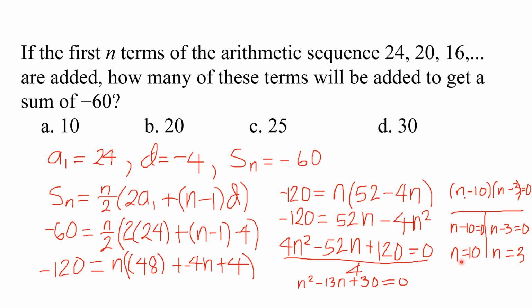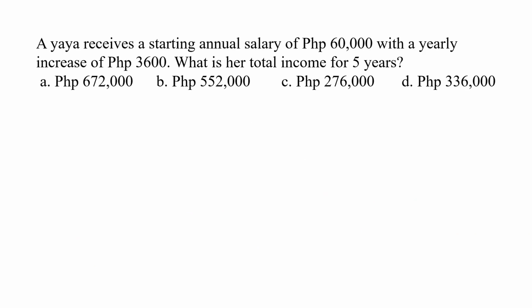Solving, n is equal to 10 or n is equal to negative 3. If we replace n by negative 3, we don't get negative 60. However, if we substitute n by 10, and let's check this one, the correct answer is n equals 10, and that is letter A. Wow, it's correct. So let's proceed to the next problem.